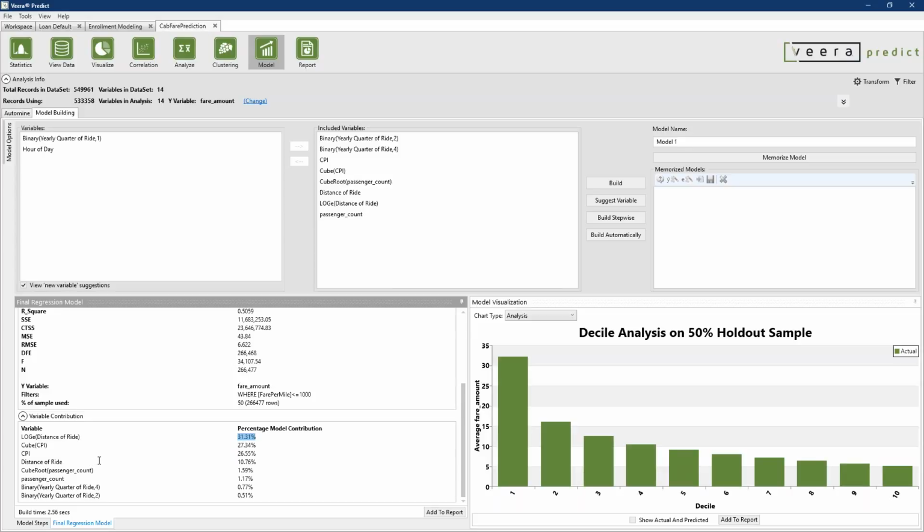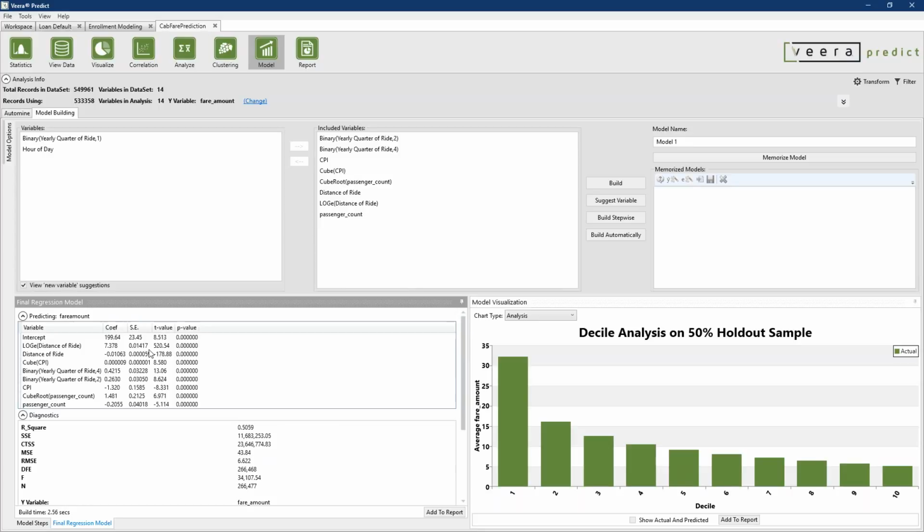And so it ends up being this operational way of explaining what's really making the difference between one record and the next. And then CPI, for instance, is the next. Actually, it's more significant ultimately than the distance of ride. It's contributing just about 53% there. How it's actually made up is a combination of the standard error of the actual variable and I believe the coefficient.